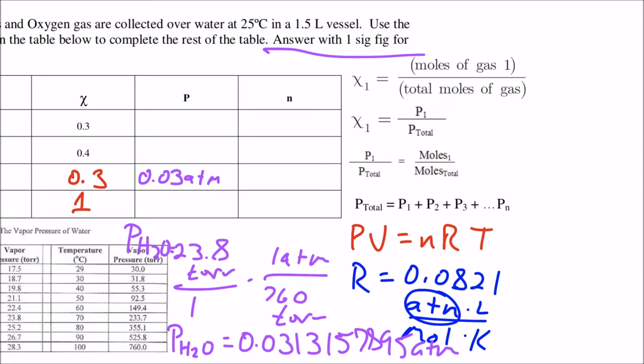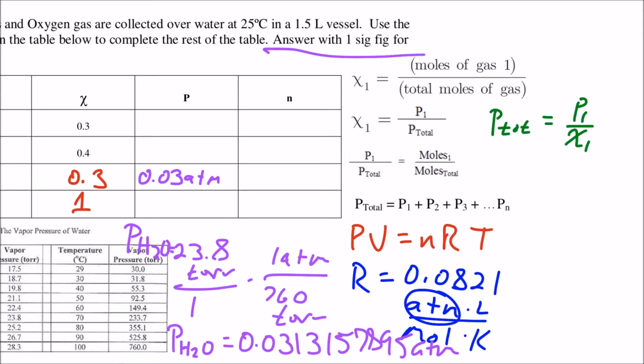Alright, so let's see, P total would be equal to, right, so I would multiply by the total pressure on both sides, and then I would need to divide by this mole fraction on both sides. So that means it's going to be equal to the individual pressure over the mole fraction. Okay?